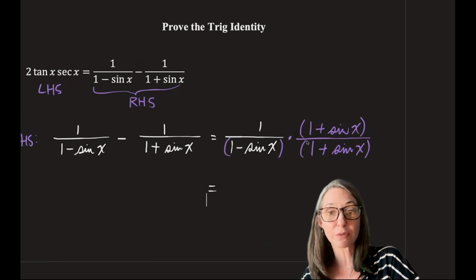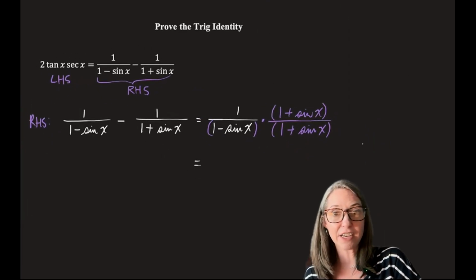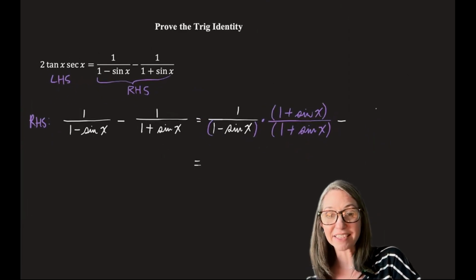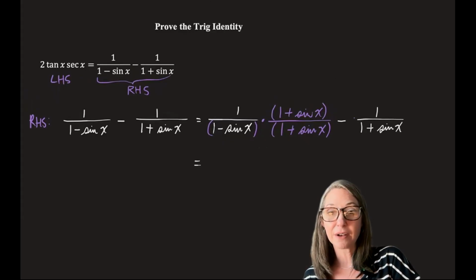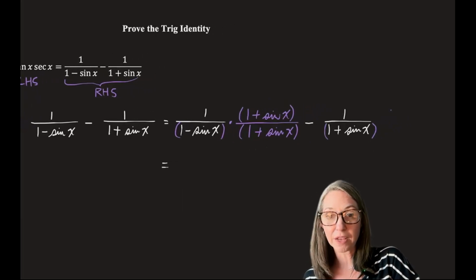But first, we still have to subtract that other fraction. Let's zoom out a little. This is a little bit tight. So we still have to put minus the second fraction, which is 1 over 1 plus sine x. We've also got to multiply that by the other denominator over itself, which is 1 minus sine of x over 1 minus sine of x.